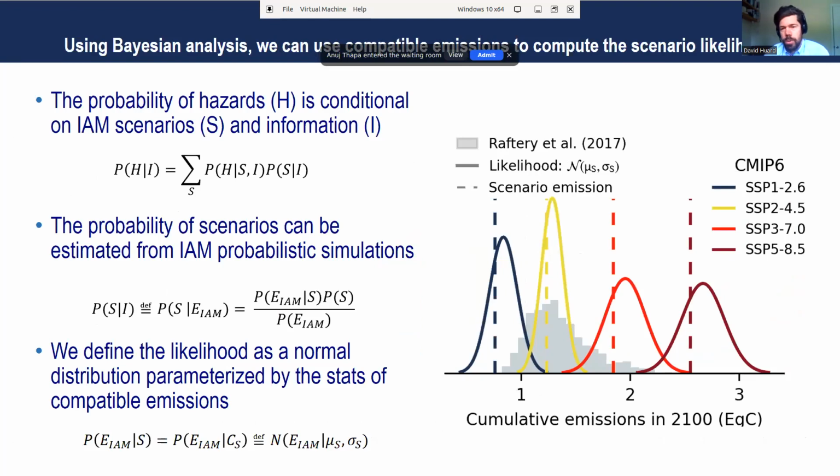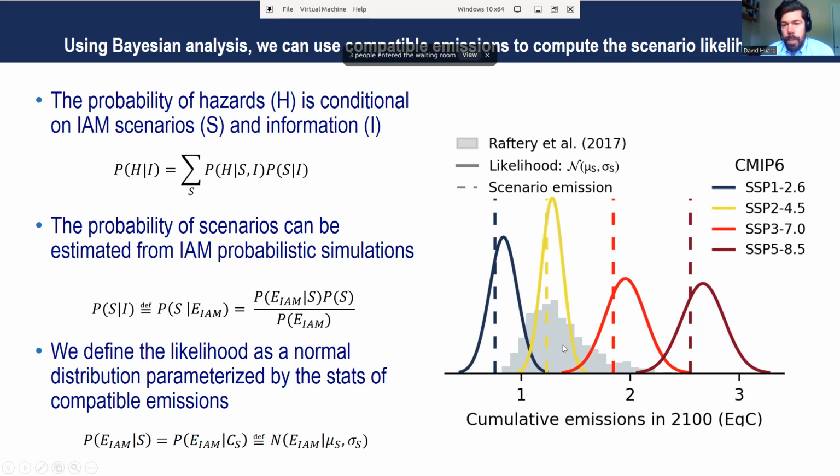I don't want to go too much into the details of the formulas, but I'm using Bayesian analysis. And what I'm essentially doing is computing the overlap between the probabilistic emissions, whose histogram I'm showing in gray here, and the likelihood defined by the normal distribution fitted to the diagnosed compatible emissions for each scenario, which I've shown in colored thick lines here.